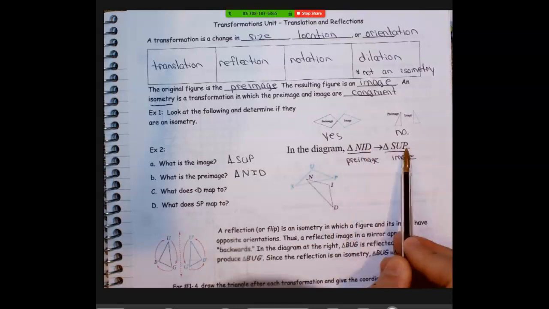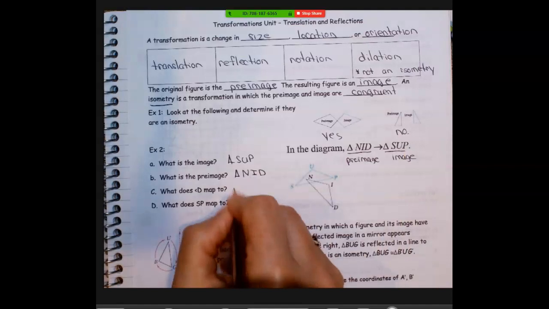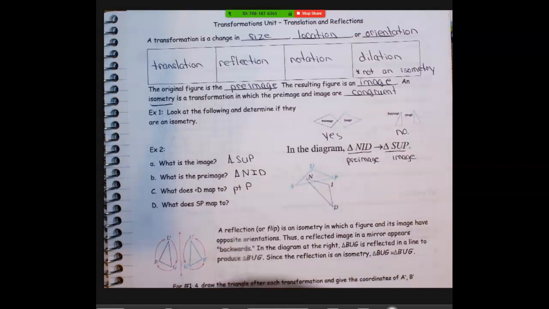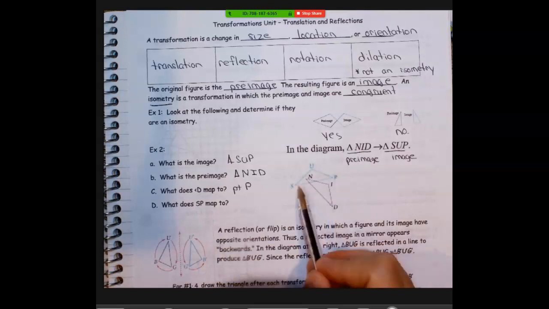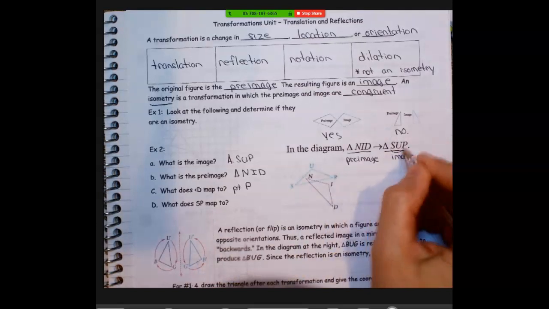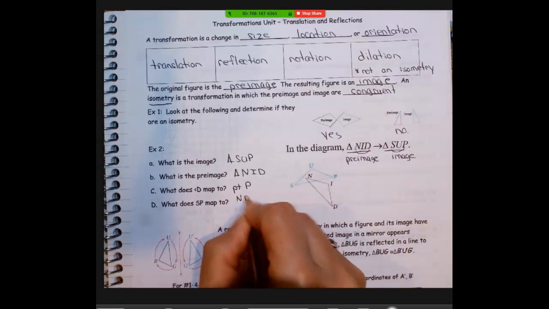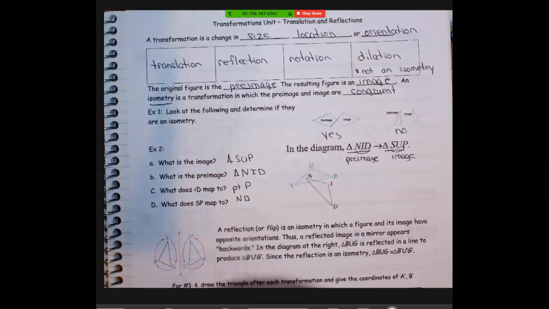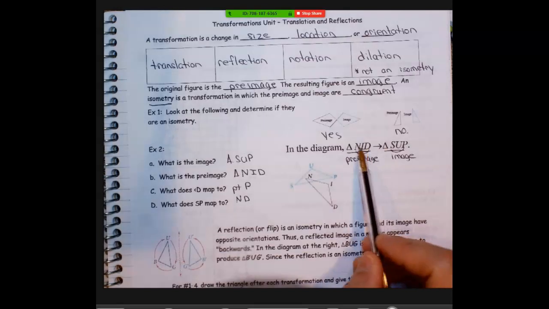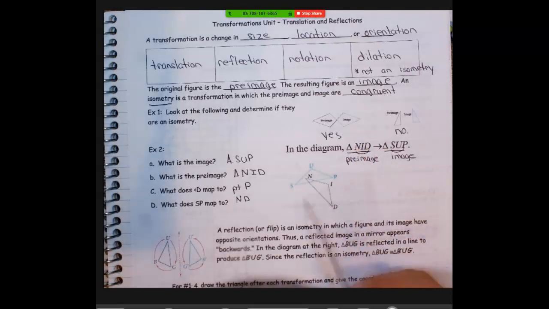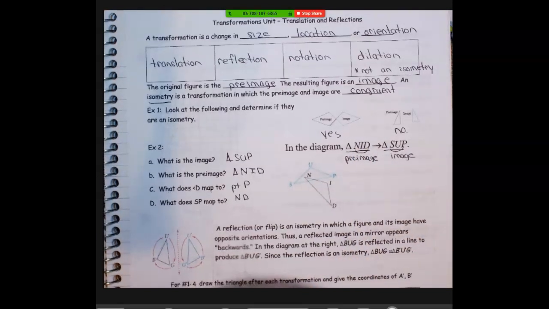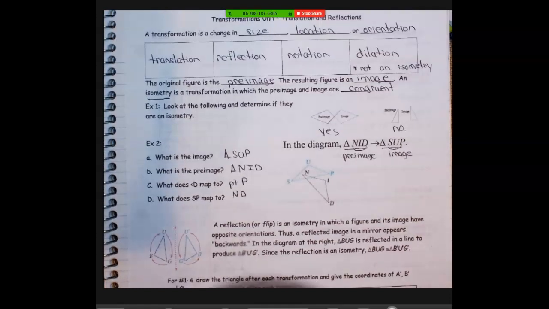D ends up being point P. If we take a look at SP, SP was here, which was the first and the third, and it corresponds with segment ND. So kind of like a congruent statement, we don't call it a congruent statement, but it's still a transformation statement that we're lining them up so the corresponding points and sides all match up.